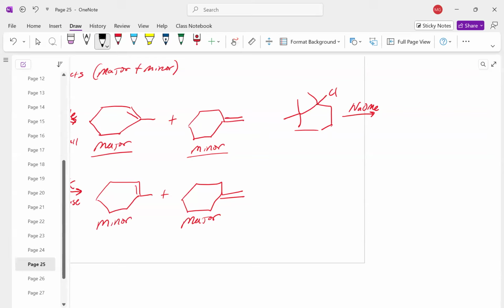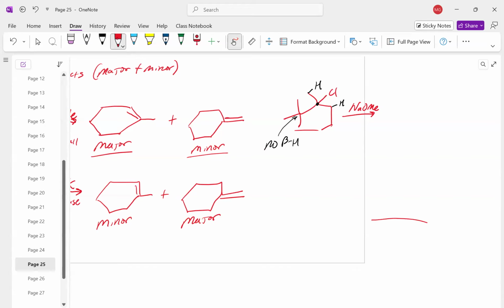So if this is the carbon with the leaving group, here's a beta hydrogen here. Here's one here. What about the other carbon on the other side? This one doesn't have any beta hydrogens, which is fine. We just won't focus on that one.